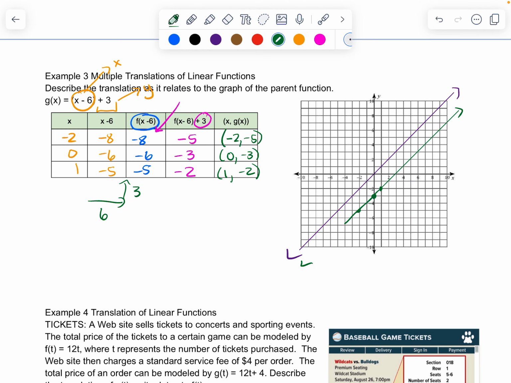It's the reciprocal of what's in front of x. Okay? The reciprocal. Okay. So I'll show you what that means in just a second.